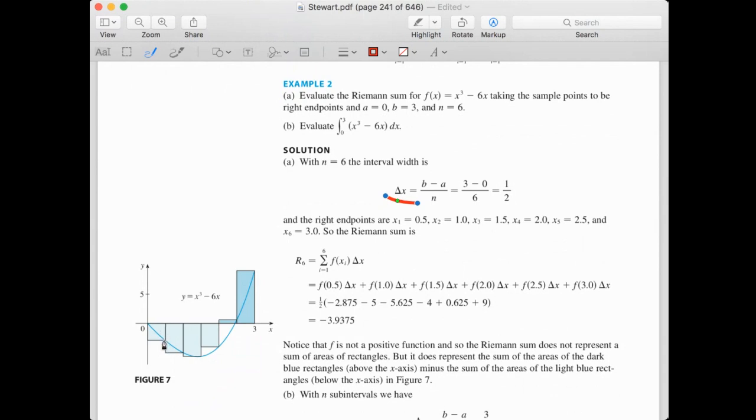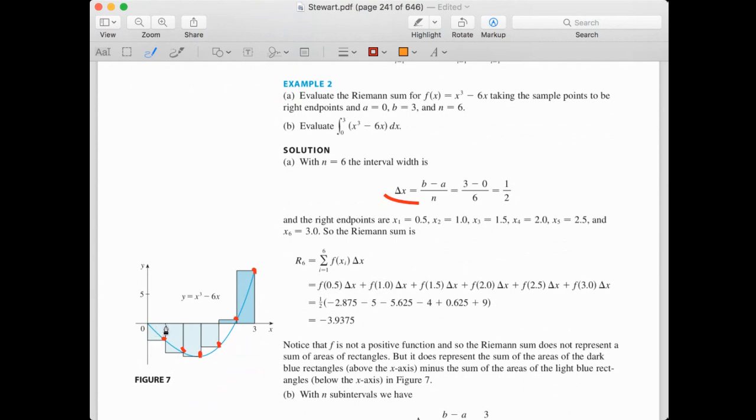We want to find the function value here, here, here, and here. Because we choose the right endpoint for our evaluation, we just plug in those x values.